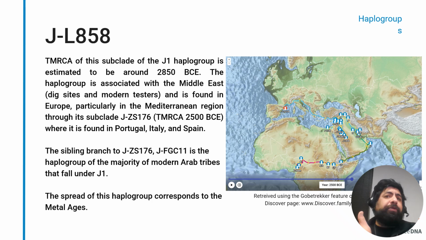For those of you who are genealogy experts or familiar with genealogy, you know that most of the Arab tribes fall under the German haplogroup.